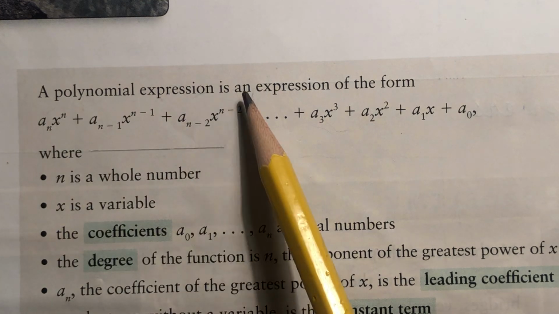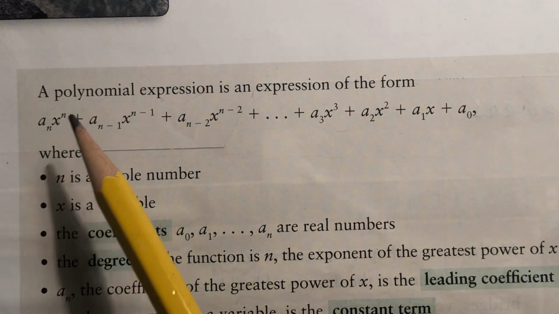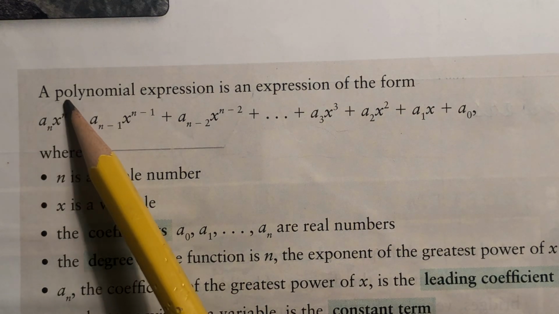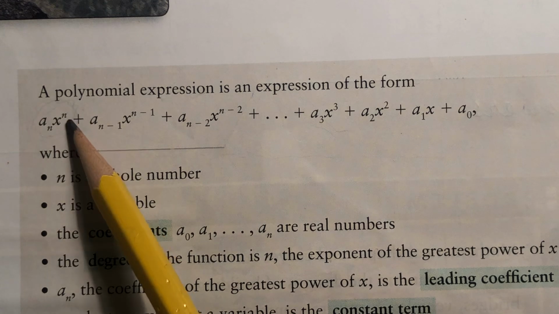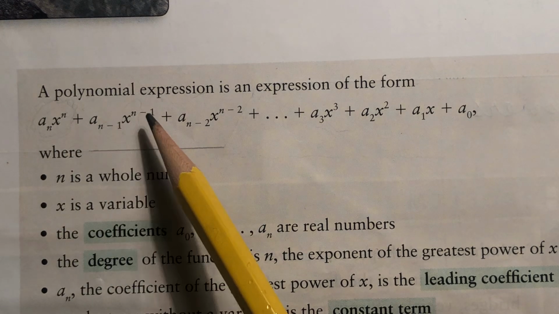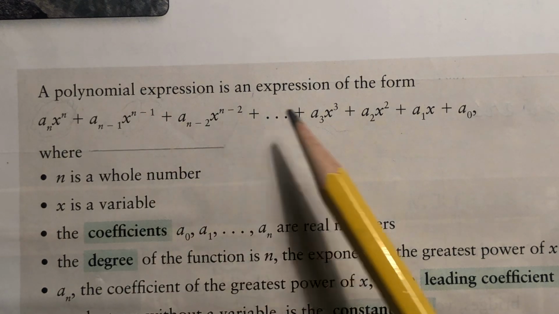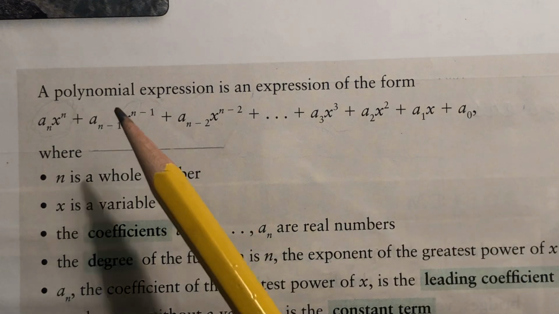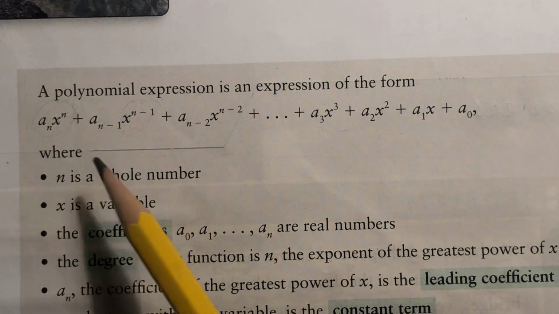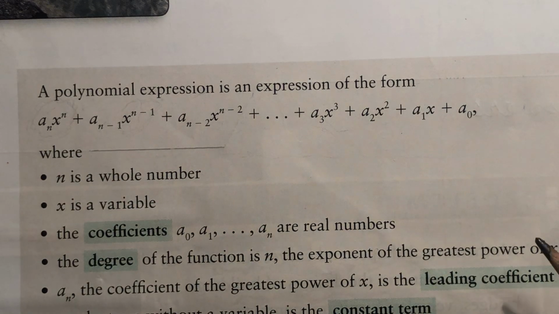Polynomial expression is an expression of the form here. So each term is a power expression. So this is a power, you see? Constant and a power function. So polynomial expression is a sum of many power functions.